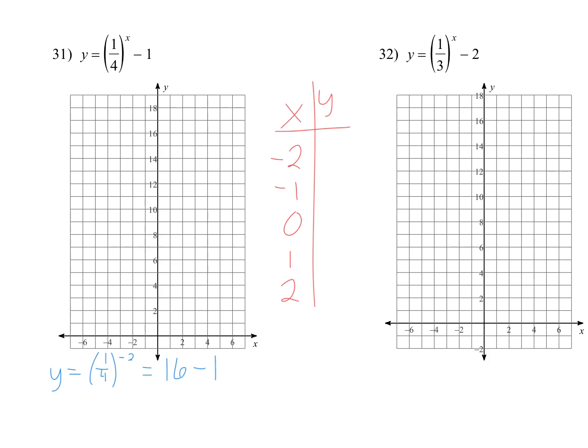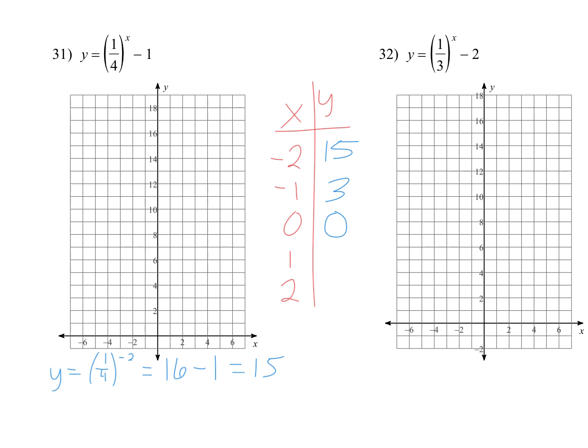So 16 minus 1 is 15, so that's your -2 value. What would our -1 value be if you compare it to the table we just did? 3. Anything to the 0 power is 1. 1 minus 1? 0.